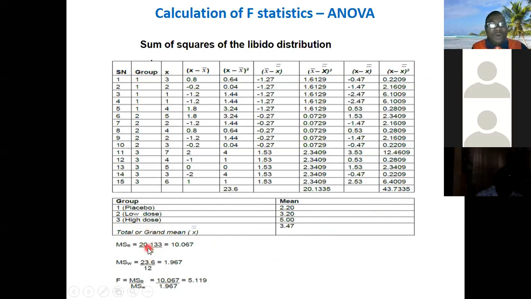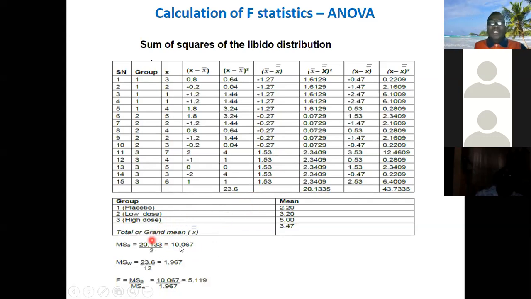For this one, we want to look at the variance from the sum of squares within and between. We are starting with between, which is 20.33. You divide by the degrees of freedom to give you the variance between. But you know that there are 3 groups, and when you remove 1 from 3, the degrees of freedom will be 2.